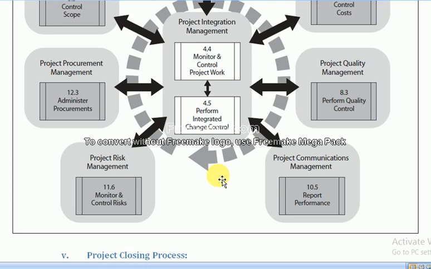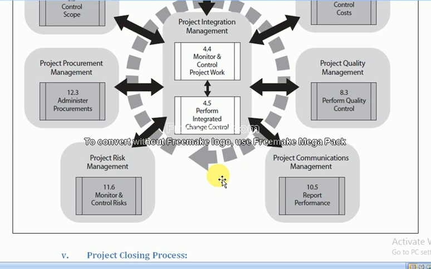Second one, a step in project monitoring and controlling is measuring the performance. You should properly measure the performance on a regular basis. In this stage, regularly measure the performance in order to check whether the project is going well or not.